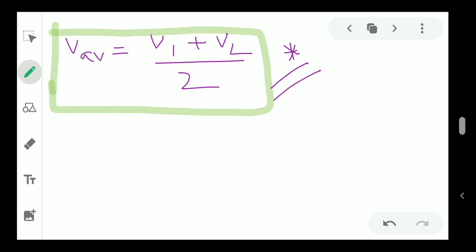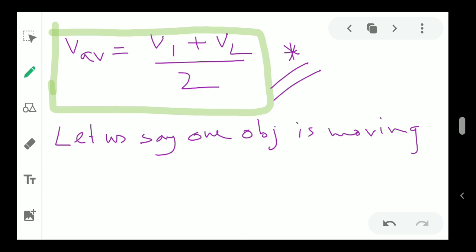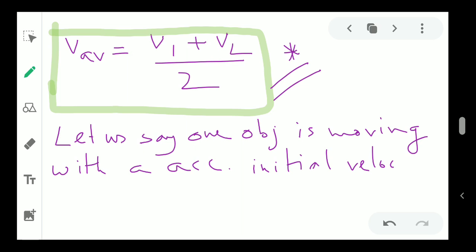So let us say one object is moving with an acceleration, initial velocity was u and final one is v.